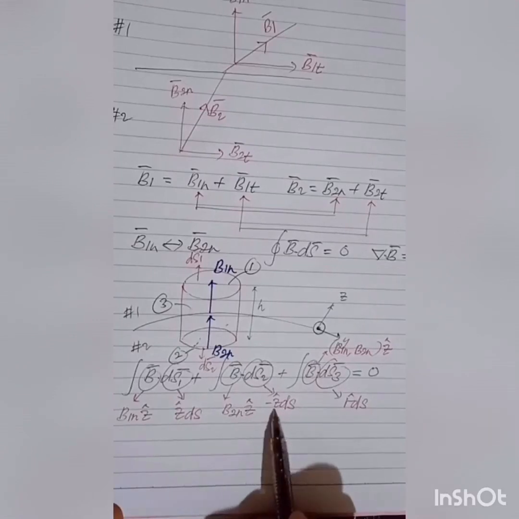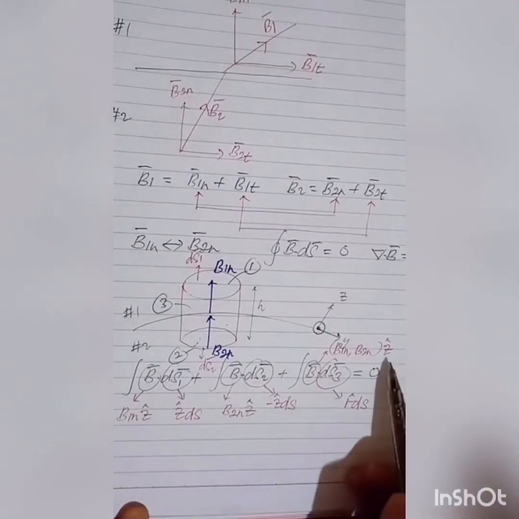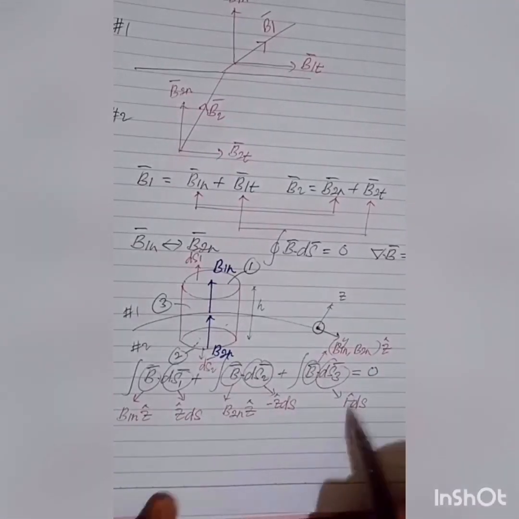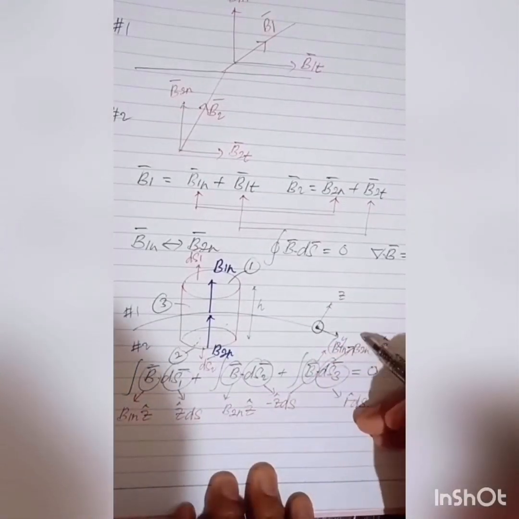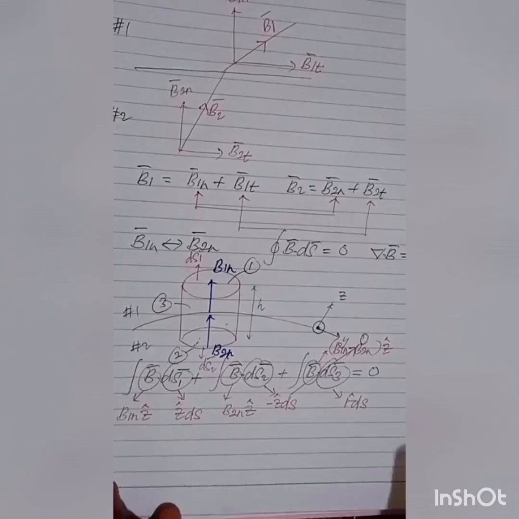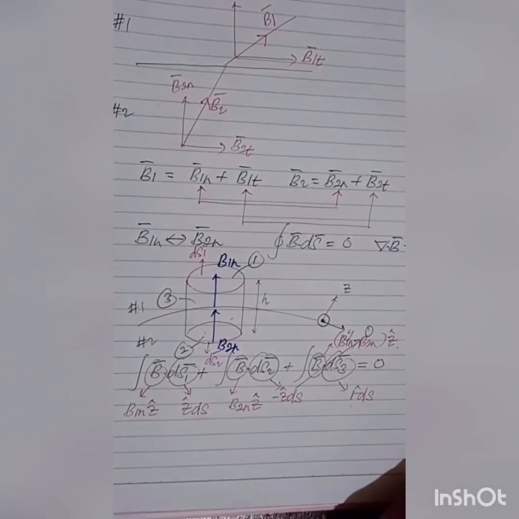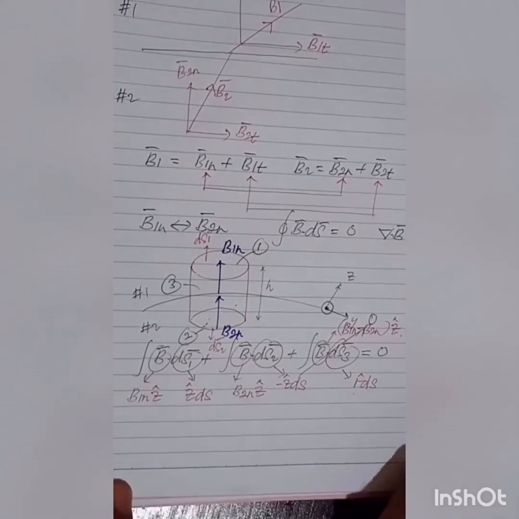Z dot minus Z, yes we have this value. But now we have Z dot R, so we don't have this value anymore, it will be 0, because the dot product of Z and R is 0.